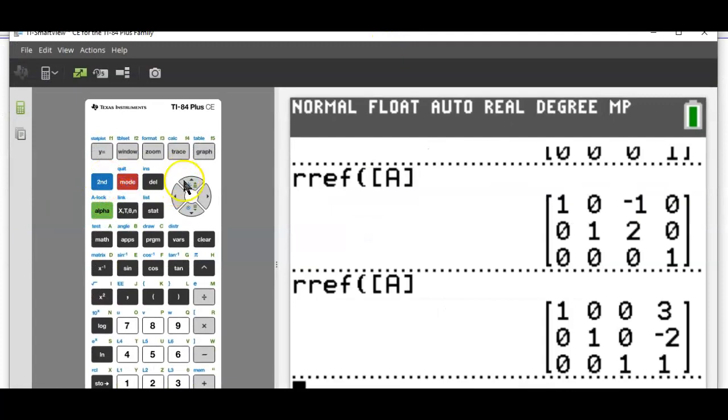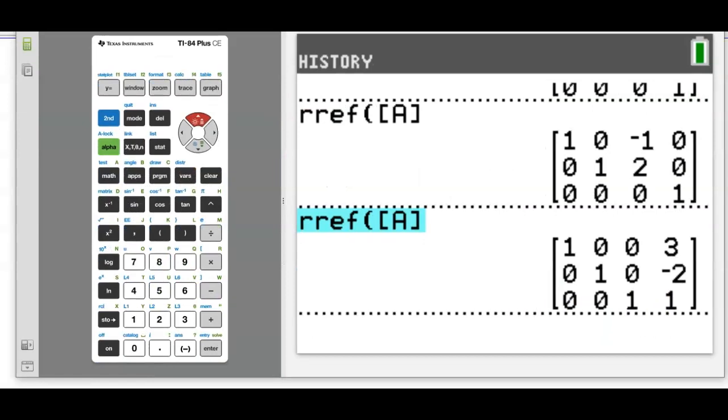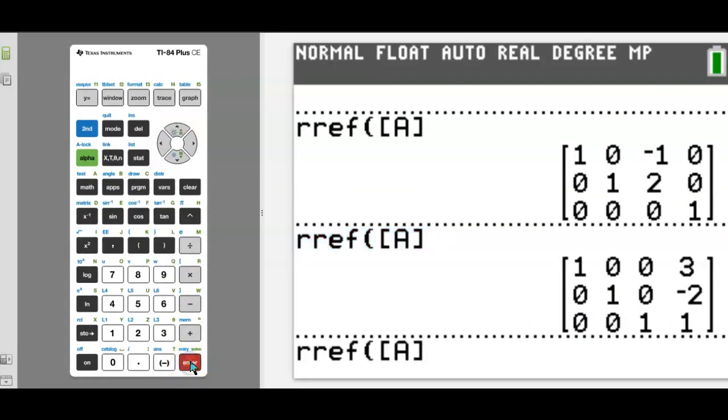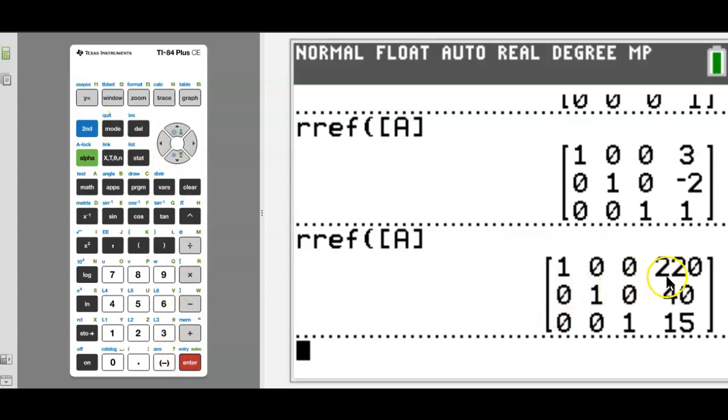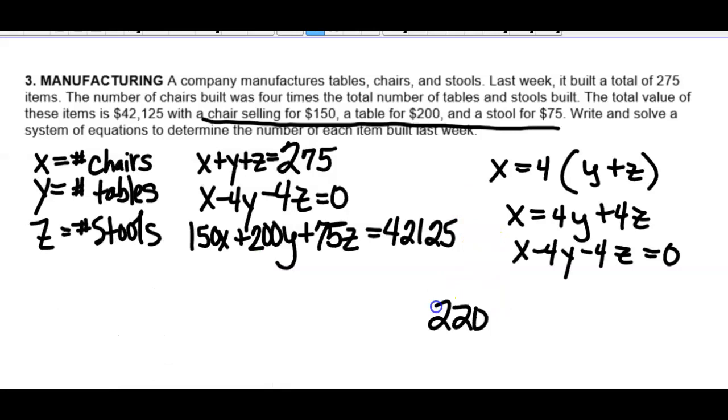So if I quit, I put them in A, so I should just be able to go back up and grab one of these and hit enter. Otherwise, it's second matrix over to math and then second matrix to get the name. And I got 220, 40, and 15. There are quite a few word problems on your assignment today, I think, on Delta Math.